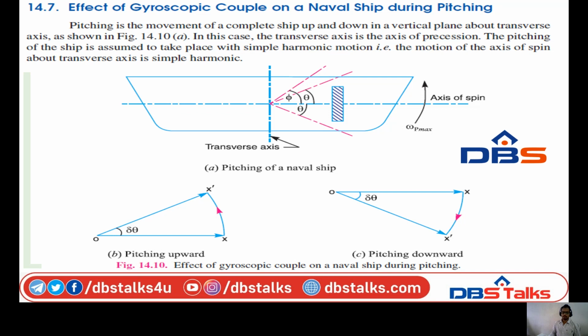There is an angular momentum when it is traveling upward, from longitudinal to transverse direction, that is, from OX to OX dash for a small angle delta theta, and similarly in the lower direction about the axis of the spin, from OX to OX dash for small angles.